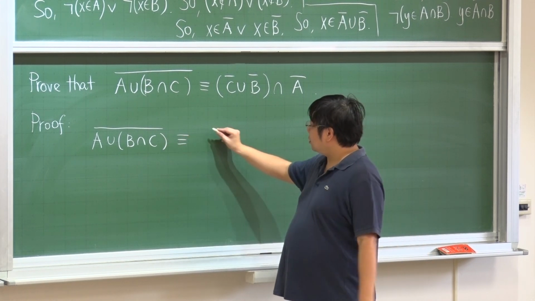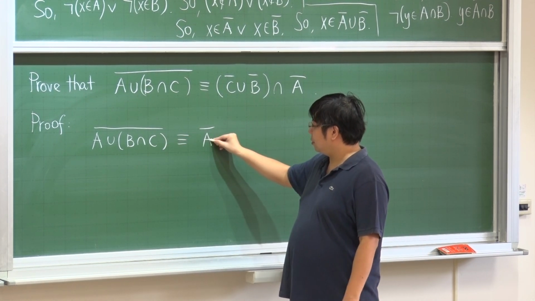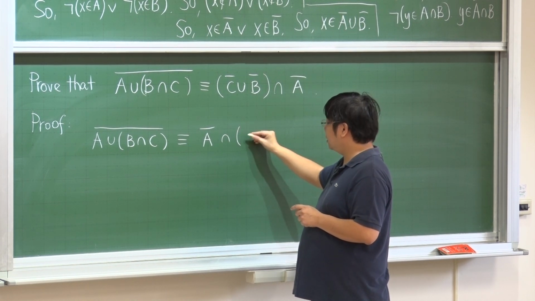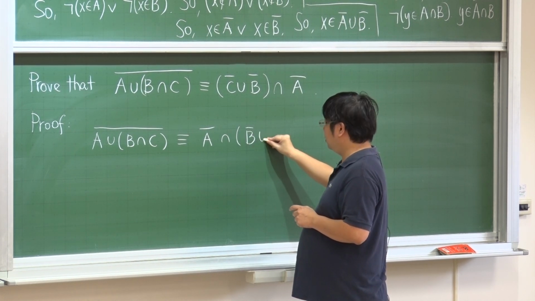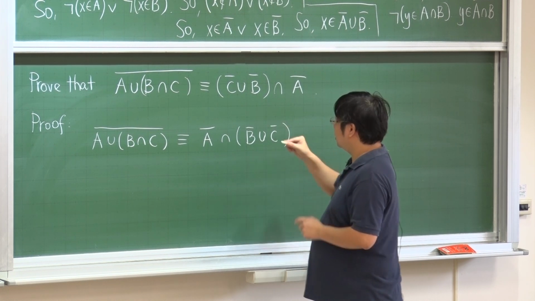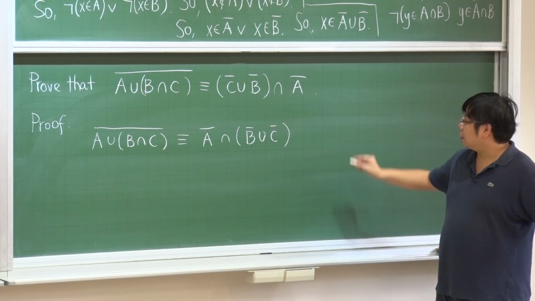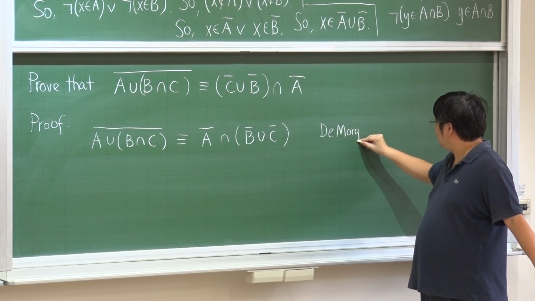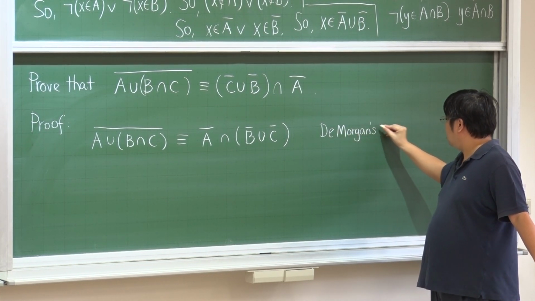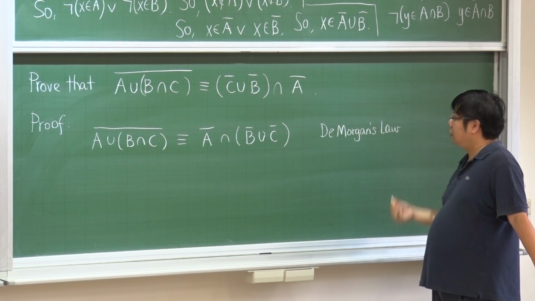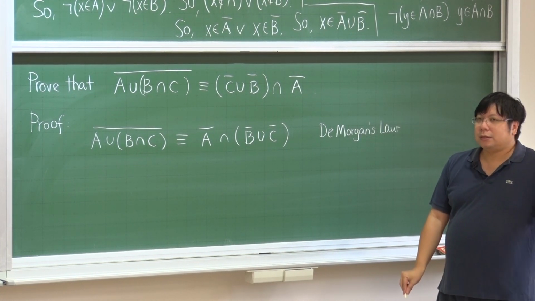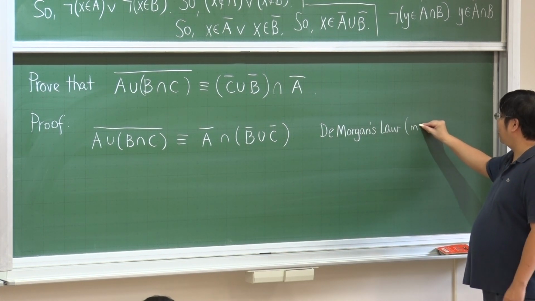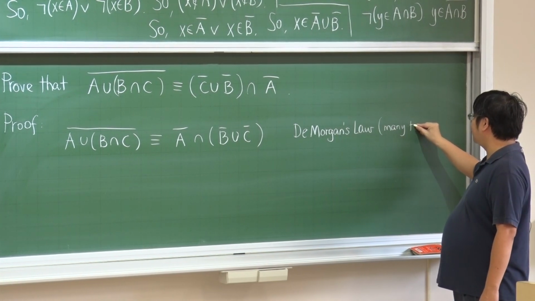So you take this negation, the complement, so you get A intersect bracket B union C. Is that okay? So this is by De Morgan's law. It is not just by De Morgan's law one time, but many times. We are applying De Morgan's law many times.